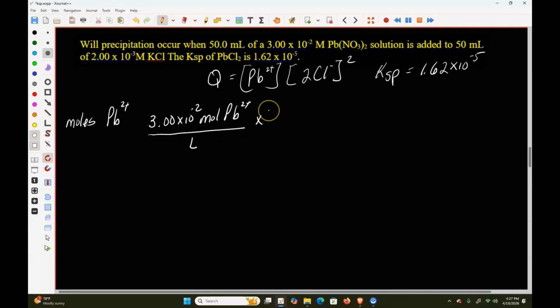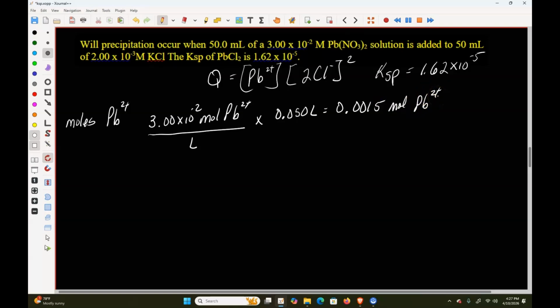And I have 50 milliliters of stuff, so that would be times 0.050 liters. That will give me 0.0015 moles of lead-2.